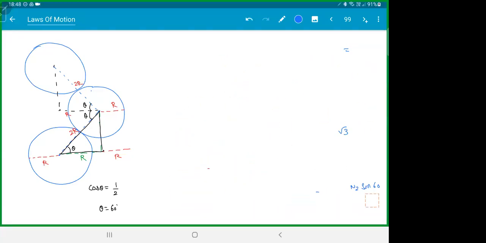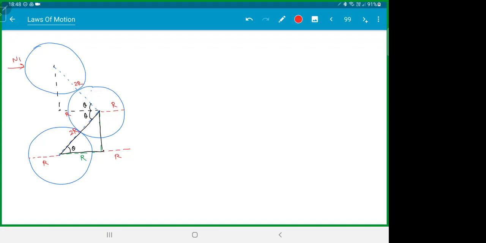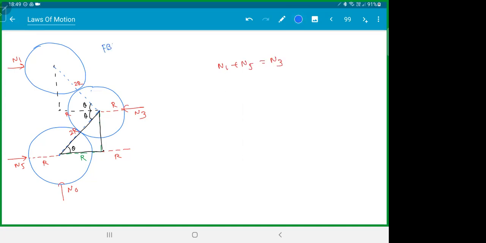Actually finding N1 and this thing will be easy. Reason, if you look at the forces here, this was N1, this was N3, and this was N5, and this was N6. You can clearly see N1 plus N5 is N3, horizontally, meaning I'm taking the whole thing as a system. This is the FBD of all the three balls.